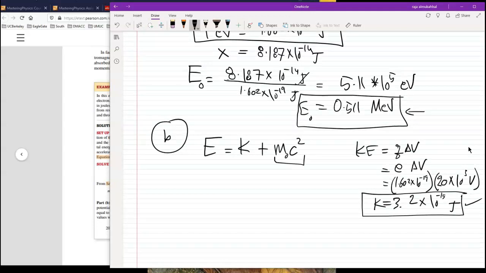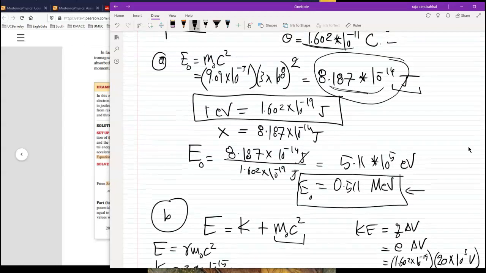If you go back to the notes above, total energy E is gamma m naught c squared, right? The kinetic energy I have just found, 3.2 times 10 to the negative 15 joule. And m naught c squared we already got, which is right here.